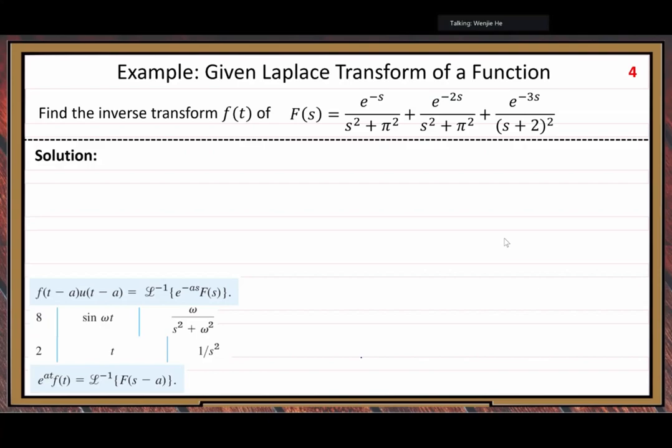So these four formulas are the main formulas we need to use to calculate this inverse Laplace transform of the capital F function. Try to practice yourselves.